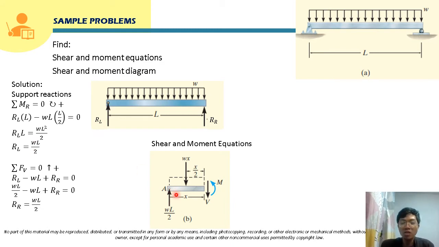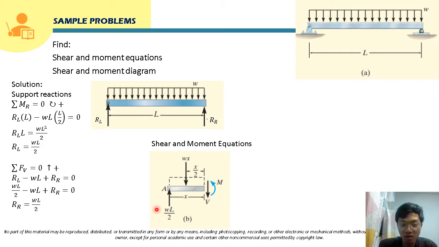Right? So, at this cut section, we are going to show the internal loadings, which are the internal shear force and the internal moment. Again, class, the way we are going to draw the internal shear force and internal moment will be according to the positive sign convention. So the shear force V should be drawn downward, since this is the positive assumption for shear: it should cause this segment of the beam to rotate clockwise.